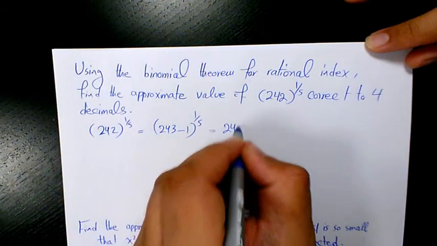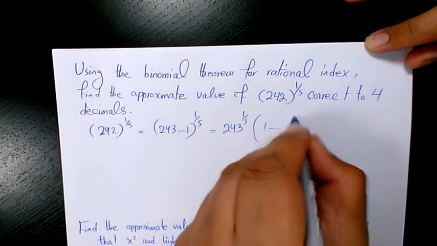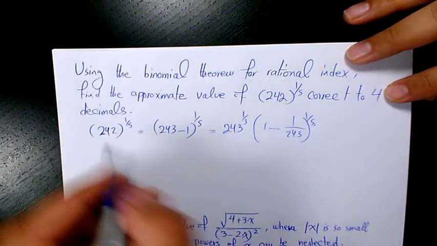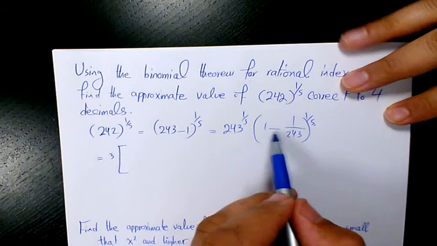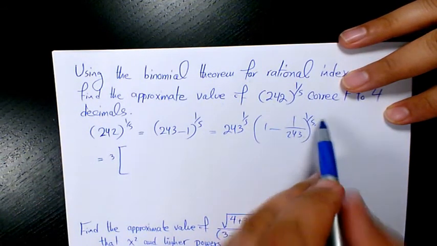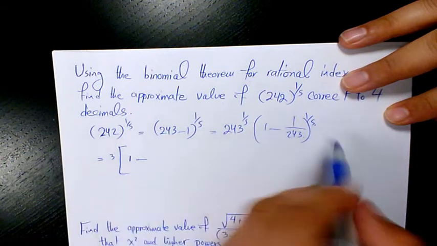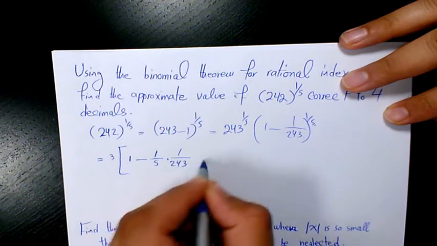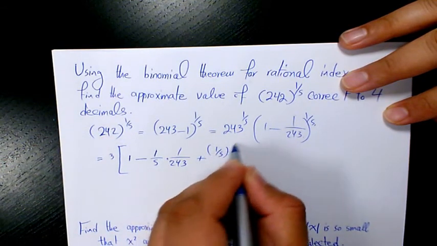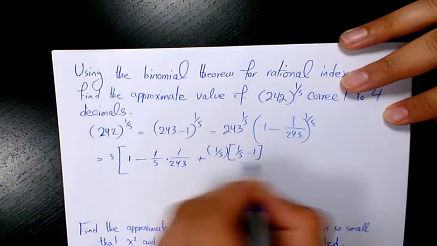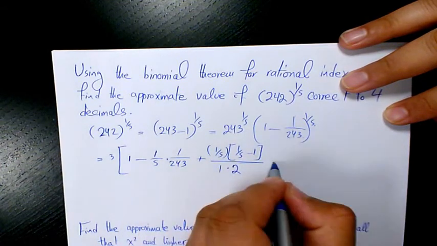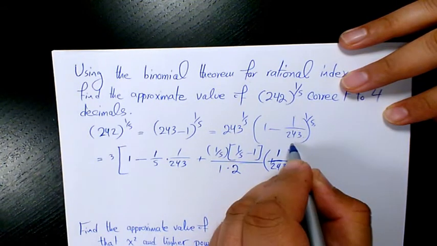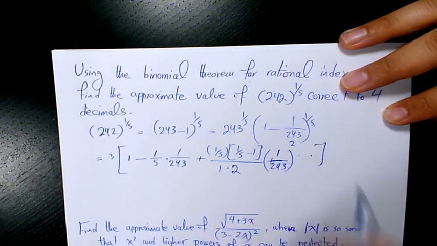So we can take 243 out. 243 to the power of 1 over 5 is going to be 3. (1 minus 1 over 243) to the power of 1 over 5 is going to be 1 minus, based on the formula, 1 over 5 times 1 over 243 plus 1 over 5 times (1 over 5 minus 1) over 1 times 2 multiplied by (1 over 243) to the power of 2, and so on.